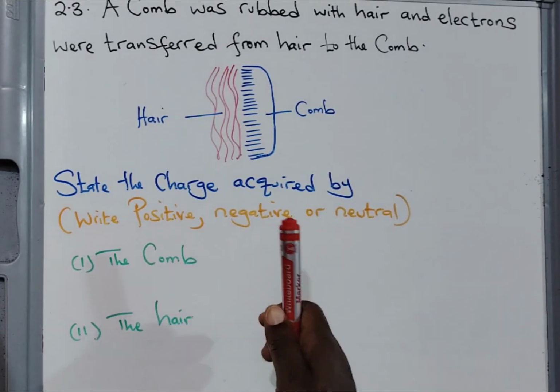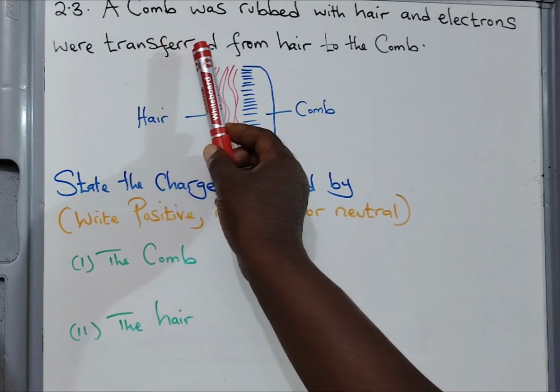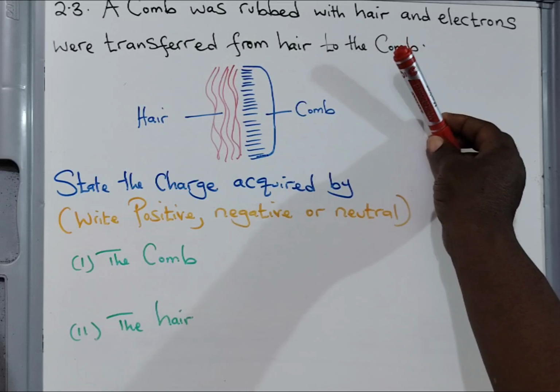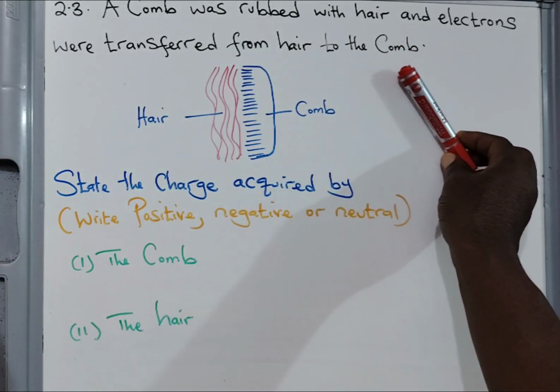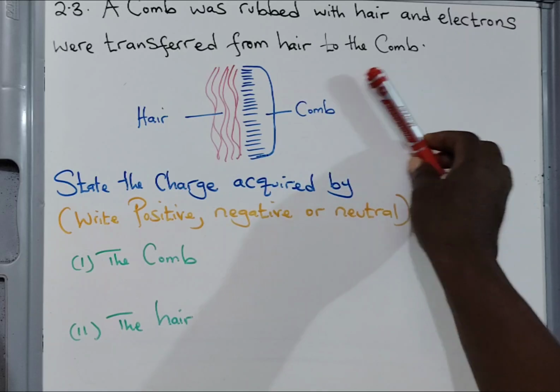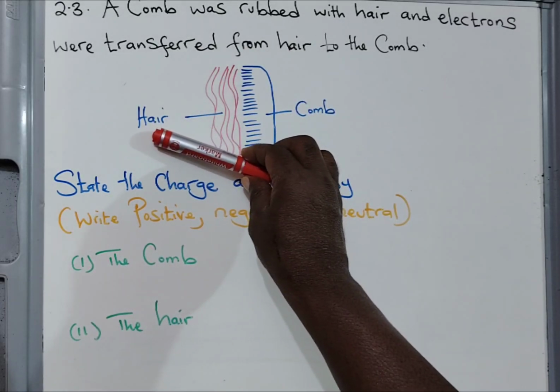Then we come to this question. It says a comb was rubbed with hair and electrons were transferred from hair to the comb. So this is the scenario we are having. This is the comb, this is the hair.